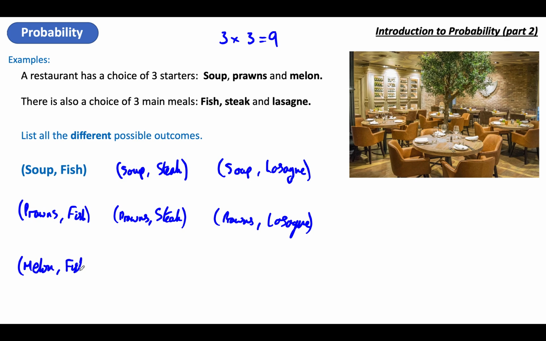Again, it could be melon with fish. It could be melon with steak. Or it could be melon with lasagna. Yeah. Okay, 9 options. Or 9 different combinations of them.